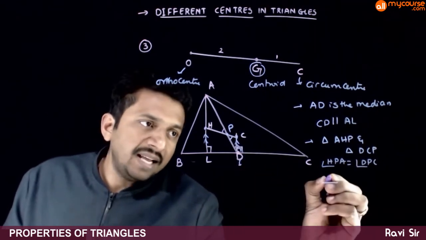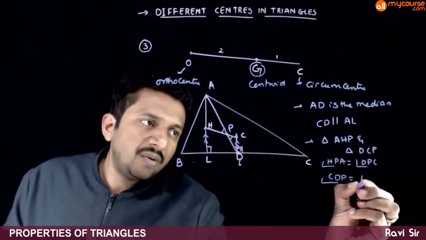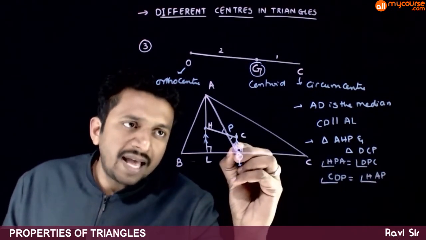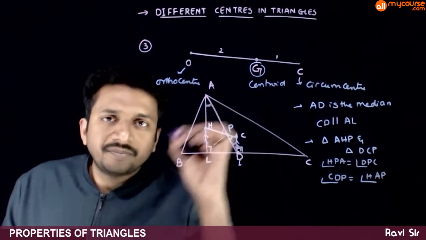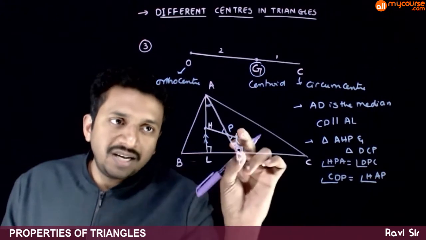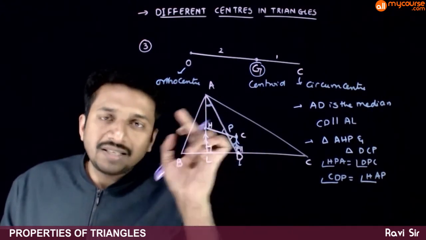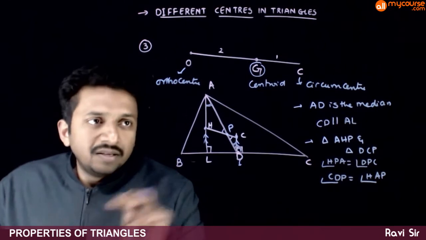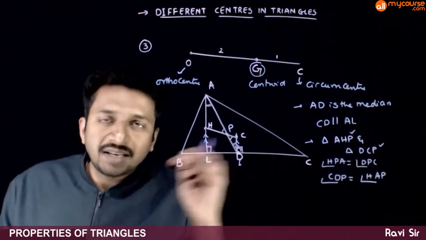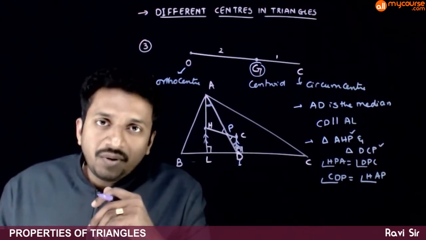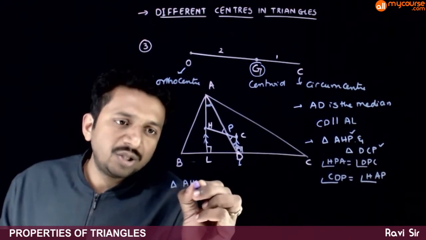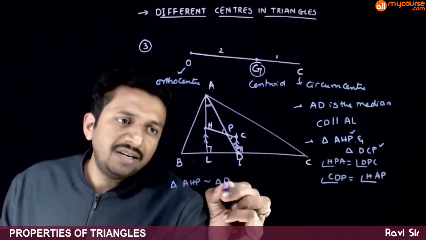Next, angle CDP is equal to angle HAP because they are alternate angles, since CD is parallel to AL. So in these two triangles, two angles are equal, so automatically the third angle will be equal. Hence, triangle AHP is similar to triangle DCP.